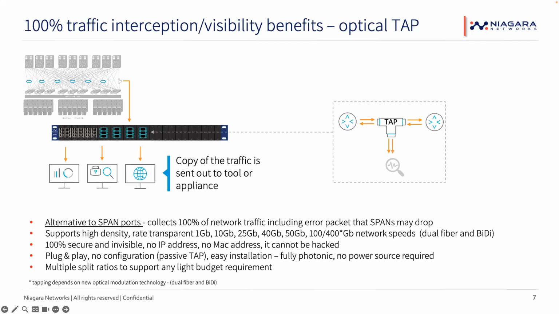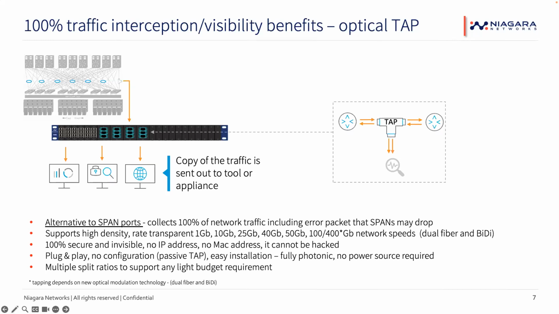And I've worked with many customers that were refreshing data centers to go ahead and implement a tap first type of mentality, and start passing that traffic directly to either a Niagara visibility controller or packet broker. And if you're not ready for those yet, you can always just have the taps there and bring those in at any particular time to be able to monitor and aggregate that data.